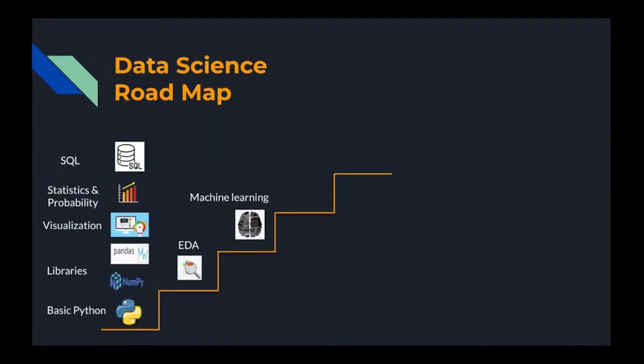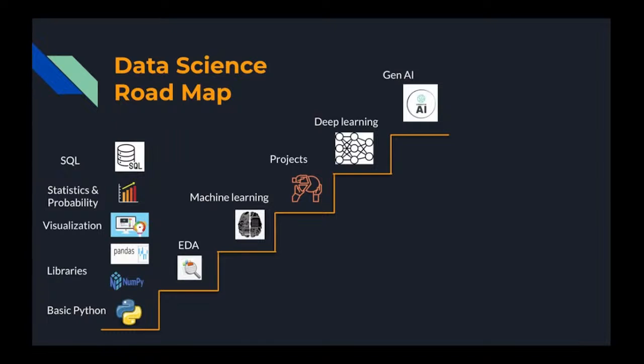And once we cover these machine learning algorithms, then we go for deep learning. It's all project based. From the start, it's always project-based learning. Then we are going to see the deep learning models. Once we understand the deep learning models, then comes generative AI. For the whole of generative AI, to be honest, we need again 4 to 5 months, but we are going to cover the important advancements of Gen AI.